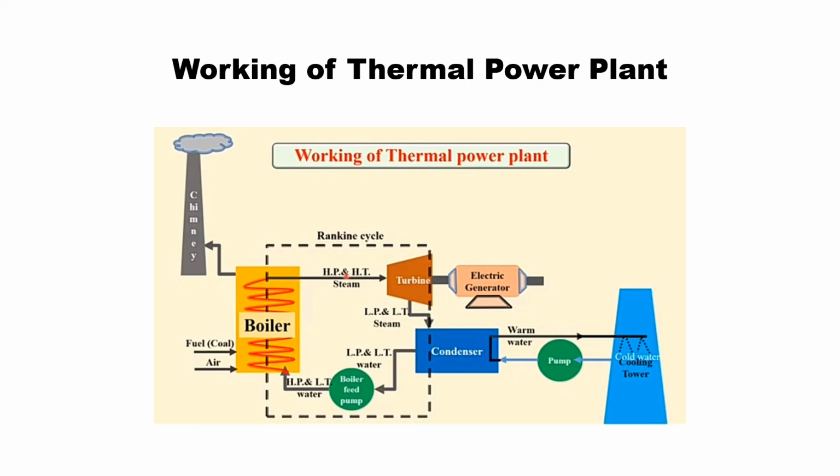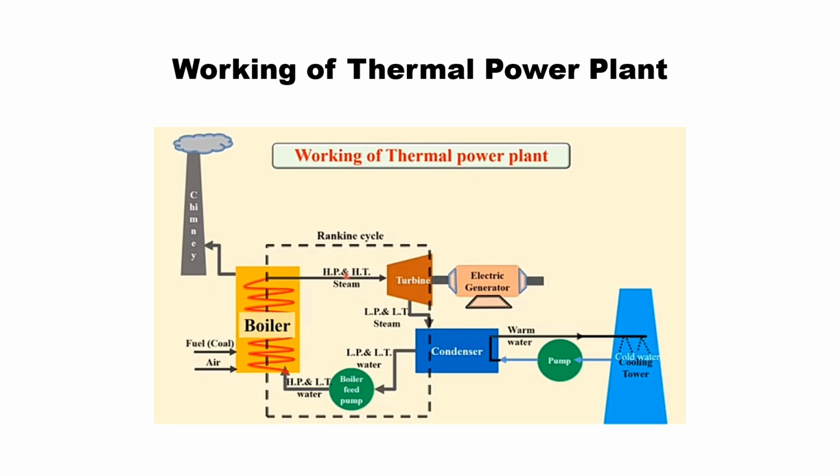A turbine is a device which generates mechanical energy as output. Here we use steam as input, so this particular type of turbine is called a steam turbine. In the turbine, steam will be coming from the boiler. Inside the turbine we have blades, and those blades are connected to a common shaft. So steam will impact on the blades and the blades will start rotating.